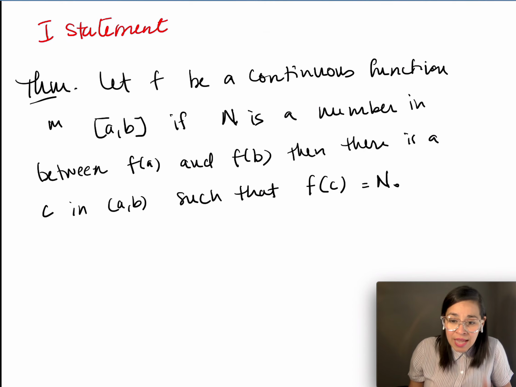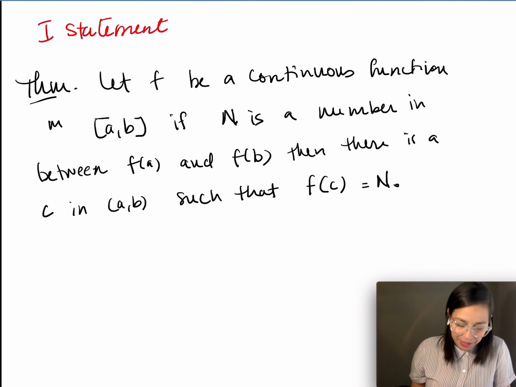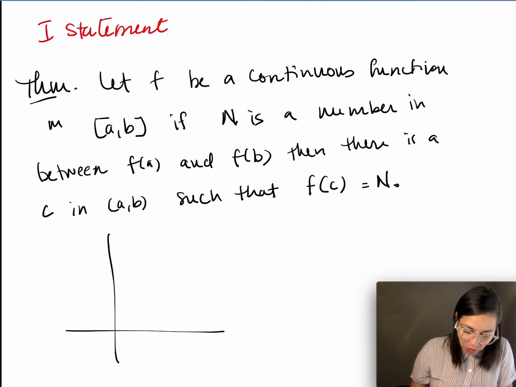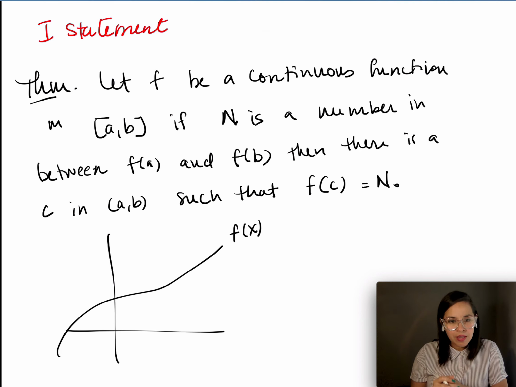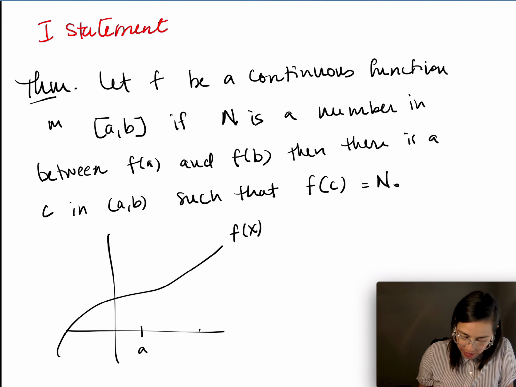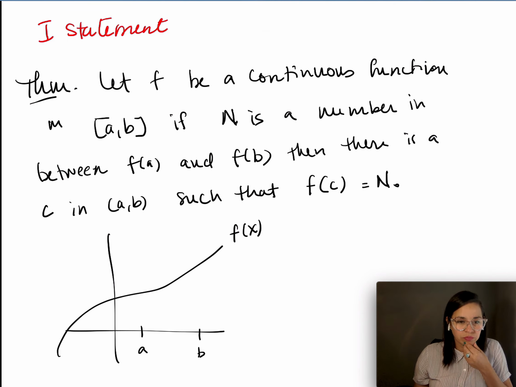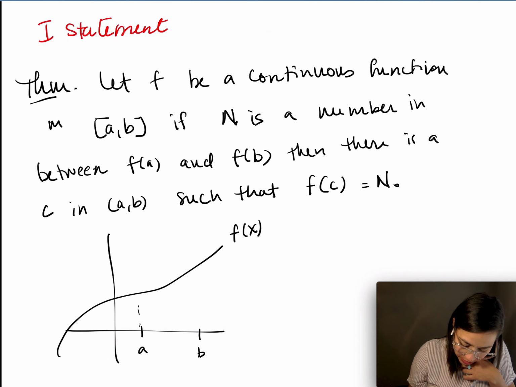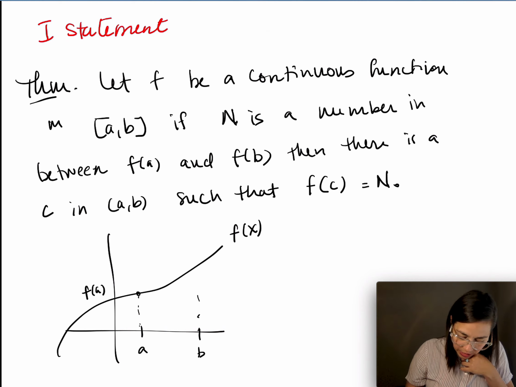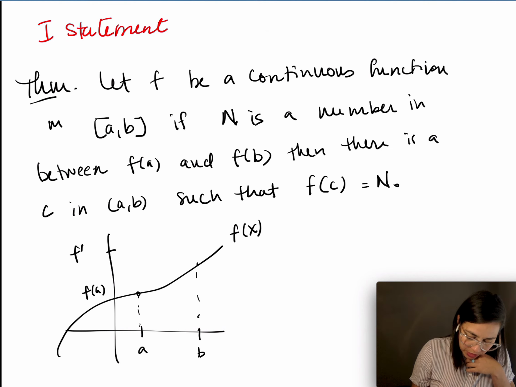Now, what does that mean? I'm going to tell you what it means graphically, okay? So suppose that this is the graph of f(x). That's my graph, right? And say this is a and this is b. Then this is f(a) there, and this is f(b).